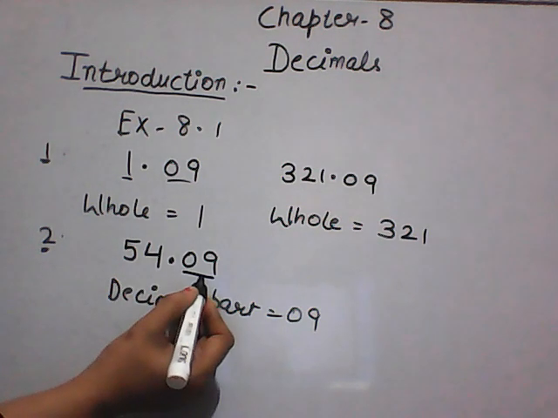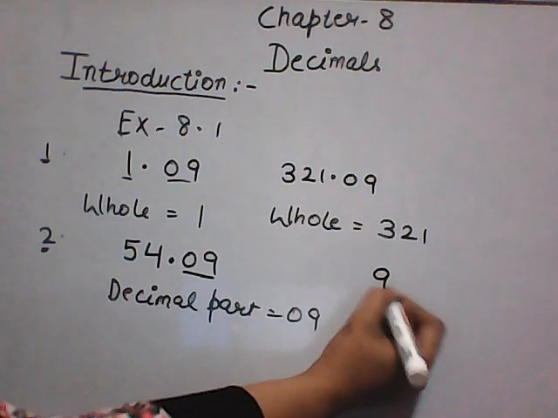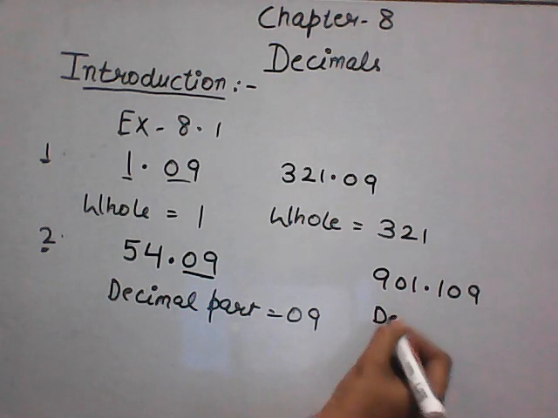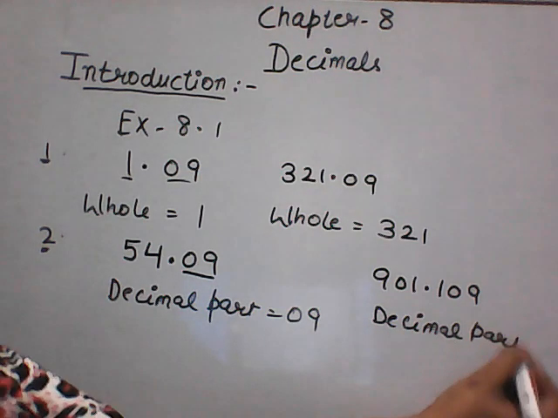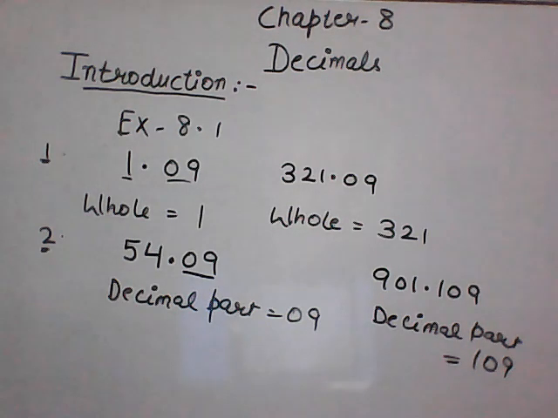So it is the decimal part. Suppose a question is given to you, 901.109, and you have to write the decimal part of this decimal. Then what is the decimal part? 109. Here the decimal part is 109. In this way you can write whole parts and decimal parts.